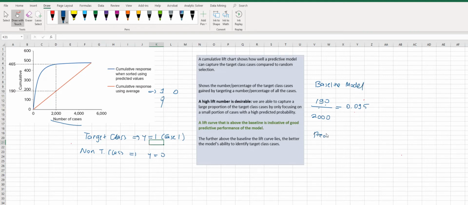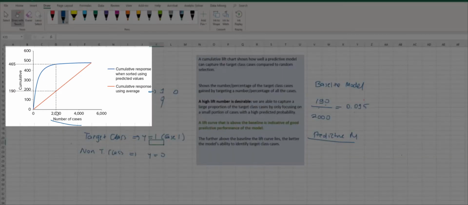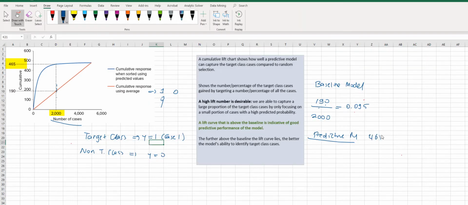And our predictive model, here represented by the blue line, if you go to 2000 up to here, 465 cases are correctly identified as target case 1, and that is equal to 0.2325. So the lift is the ratio of the percentage of target class cases predicted by our model, 0.2325, divided by the percentage of target class cases identified by the baseline model, 0.095, which is equal to 2.447.